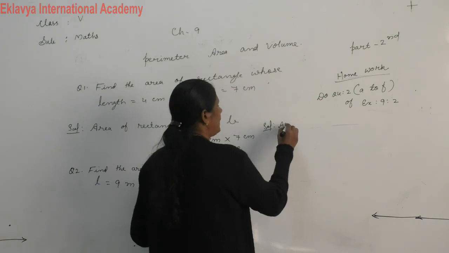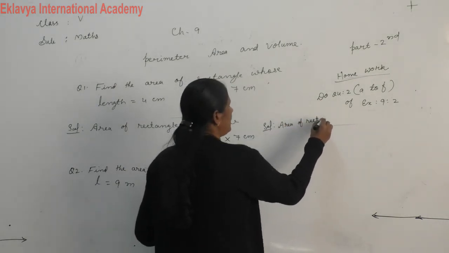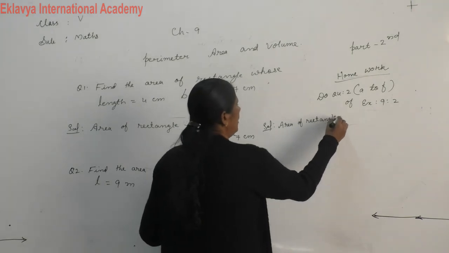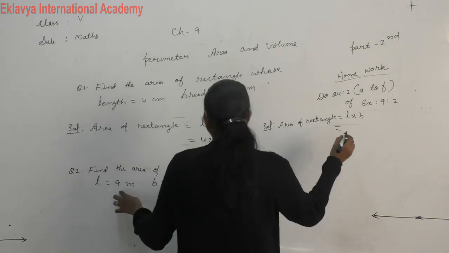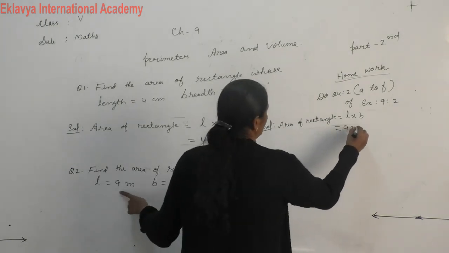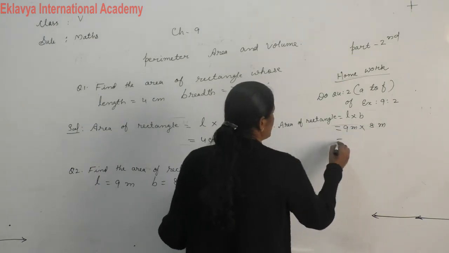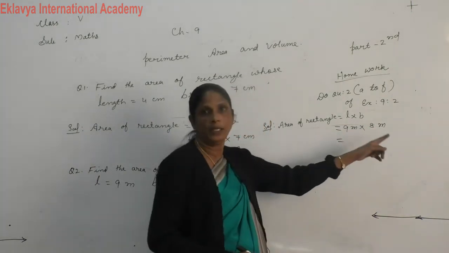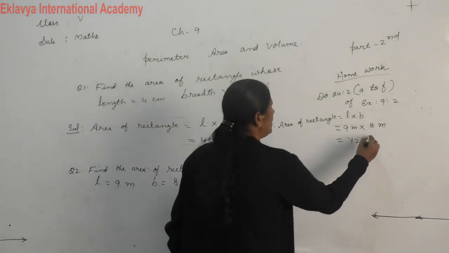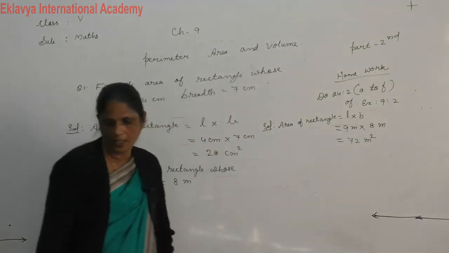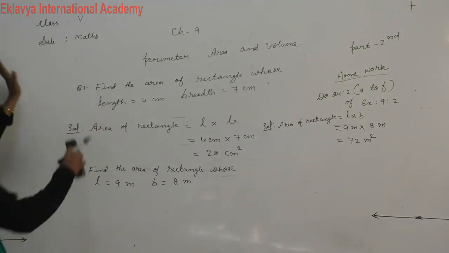Area of rectangle is equal to L into B. That is 9 meter multiply 8 meter is equal to 9 8s are 72 meter square. Understand, how to find the area of a rectangle?